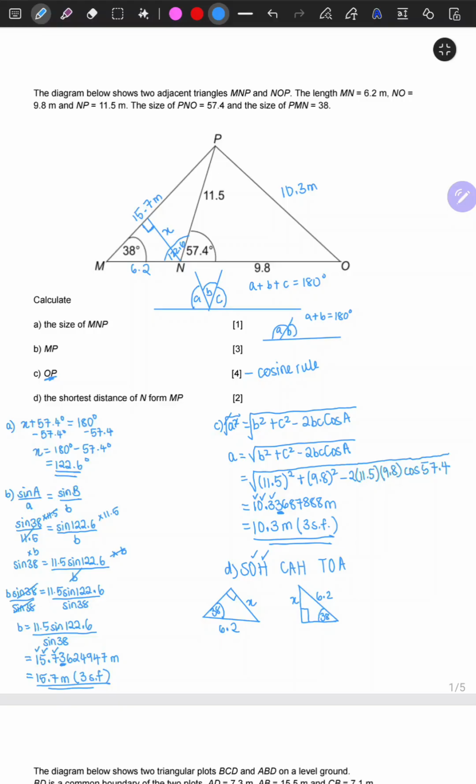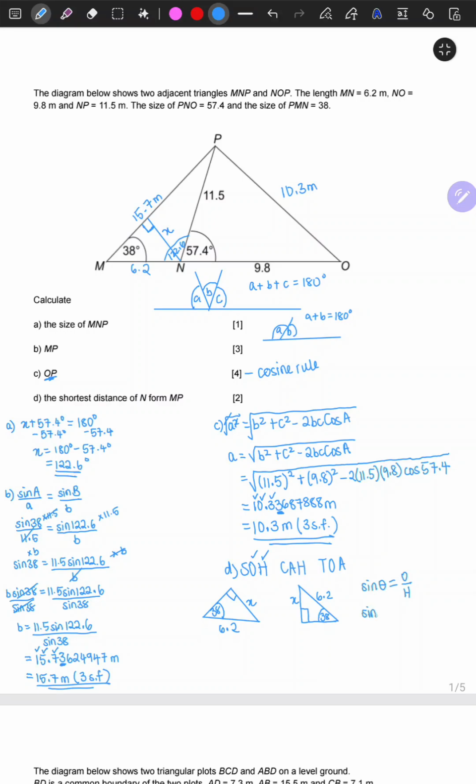So in this case, because we have the opposite, we have the hypotenuse, we also have the angle. Obviously, we're going to apply the SOH part of it. So that's going to be sine theta. Theta just means angle, so sine theta is equal to the opposite over the hypotenuse. So the opposite in this case is x.